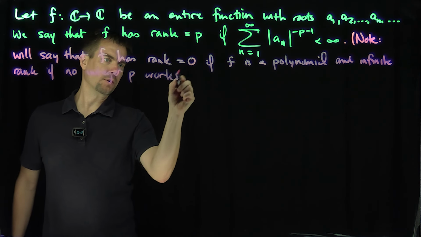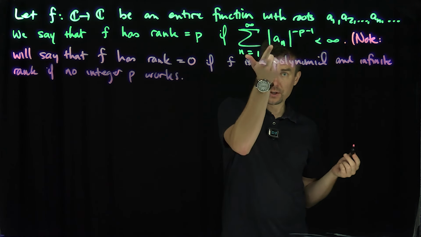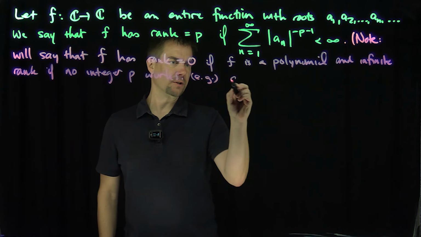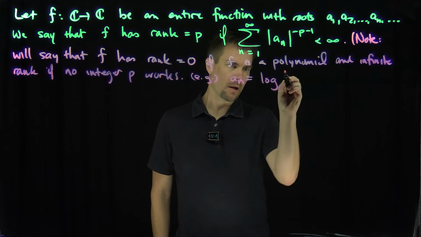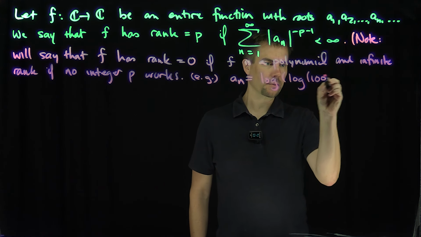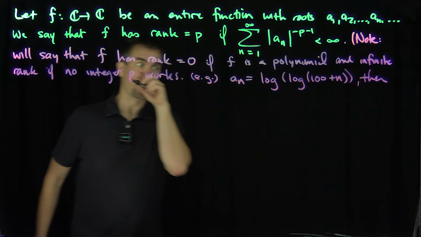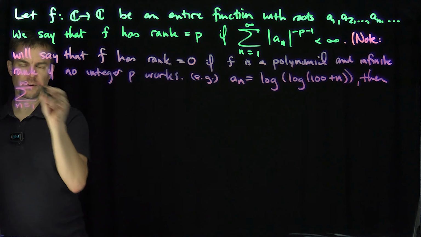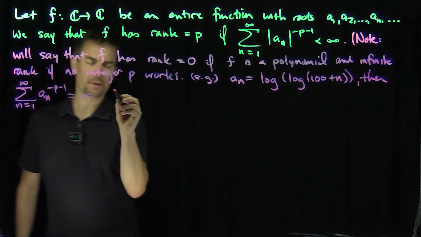Now we can think back to Calc 2. In Calc 2 we know that for no value of p will the sequence converge. An example of infinite rank would be if I look at zeros that go to infinity very, very slowly. If an was equal to the log of, say, just to shift everything, 100 plus n, then we know the sum, n goes from 1 to infinity, of an to the negative p minus 1 is infinite for all p.